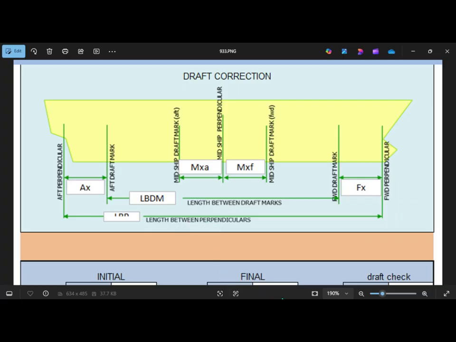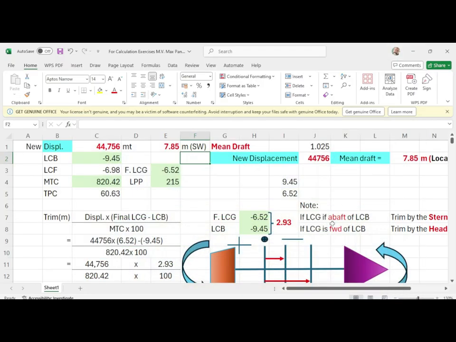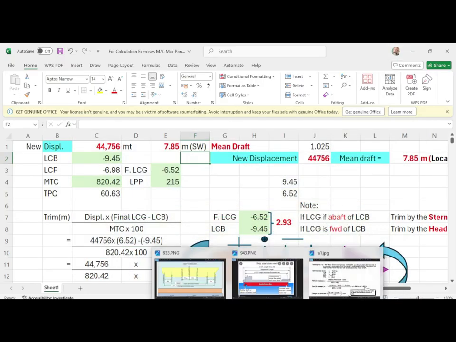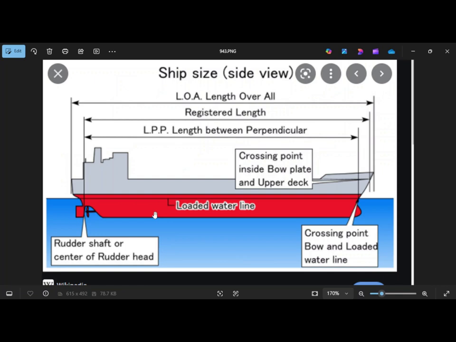I have another figure here. The length between perpendiculars, LPP, is measured from your rudder shaft or center of rudder to the crossing point of the bow and the loaded waterline. This is your forward perpendicular.